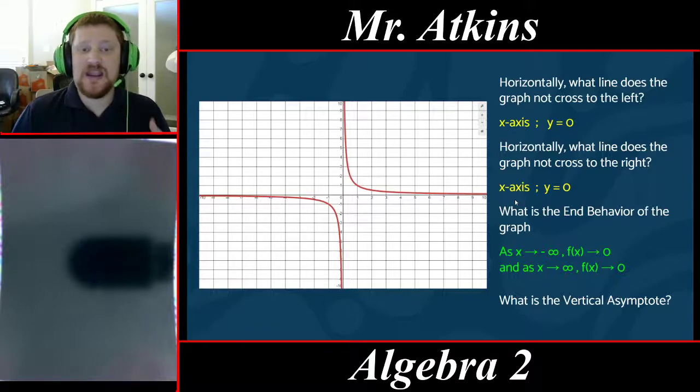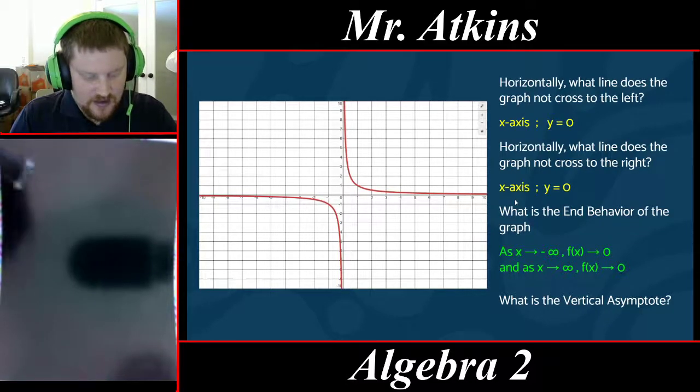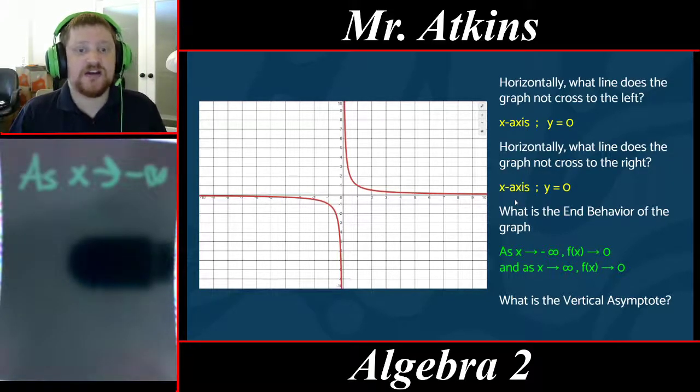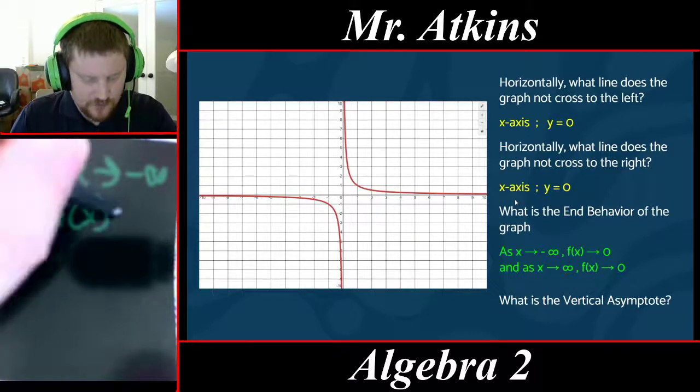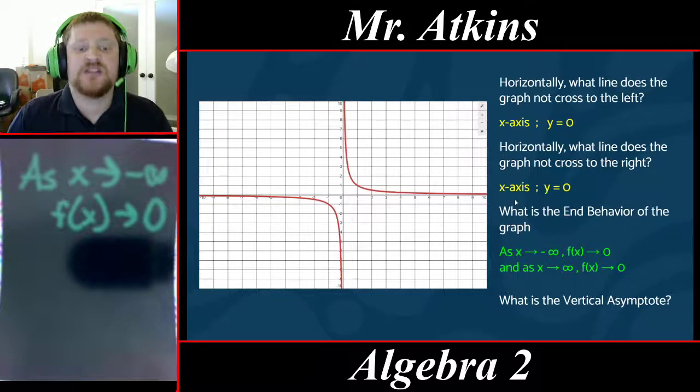So the end behavior of our graph, we do it the exact same way, except now we have, as x approaches negative infinity, we're not approaching infinity or negative infinity, we're approaching 0: f of x approaches 0. Same thing on the right.